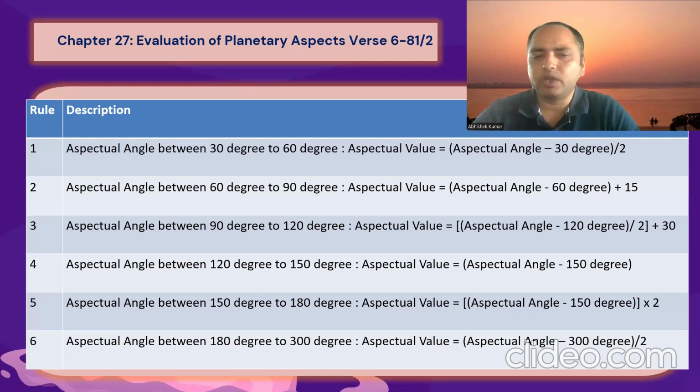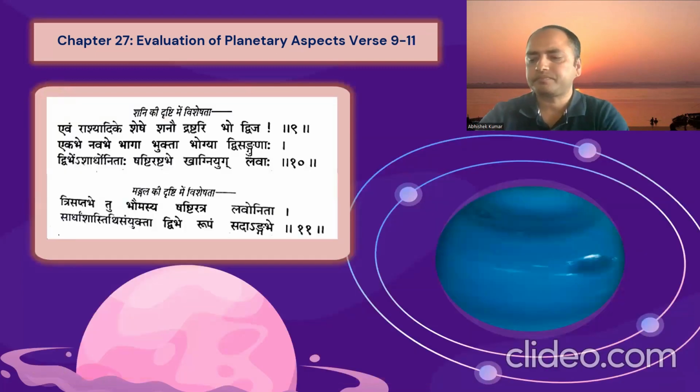So that concept will come, because we have to go to the Bala Spashta Bala Kathana adhyay, that chapter also. So I hope you understand this method of calculation of aspectual value, how Maharshi has revealed it. These are the values.